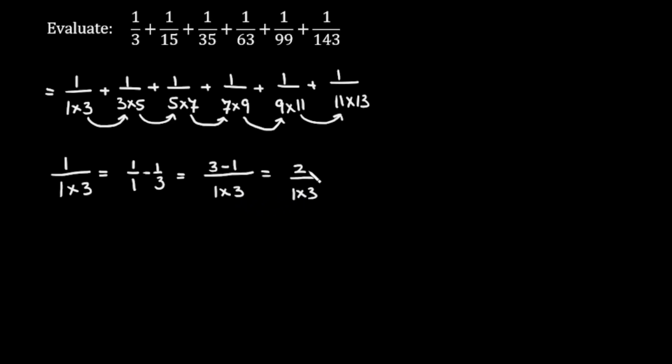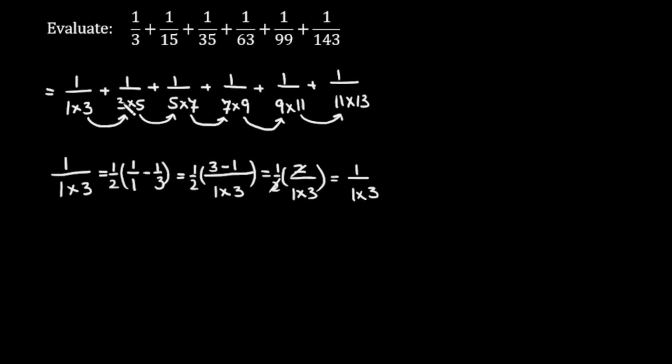And you can see that here the numerator is number 2 and here the numerator is number 1. So I have to make a few adjustments. So if I multiply with 1 over 2, 2 cancels with 2, so we will get 1 over 1 times 3. So this term can be written as the subtraction of two terms.